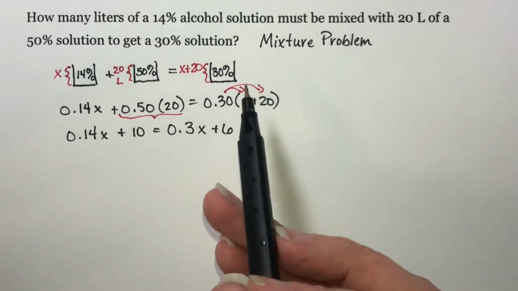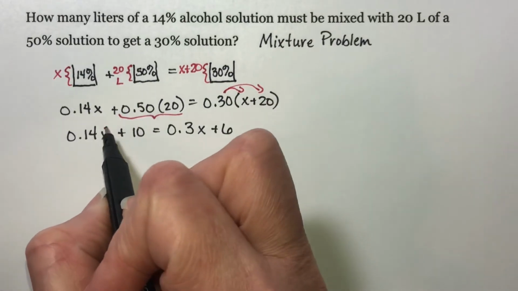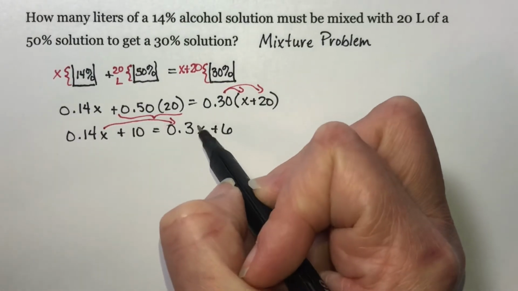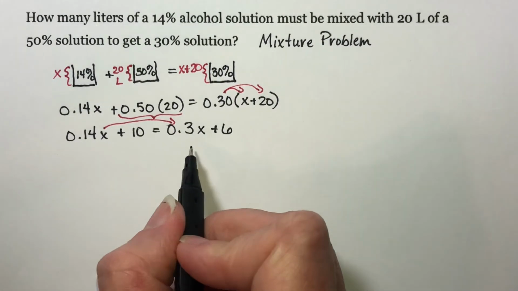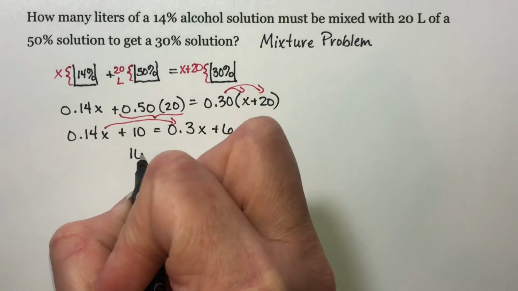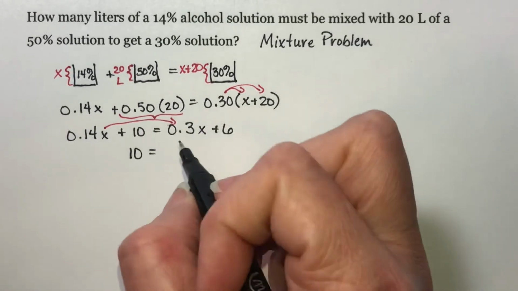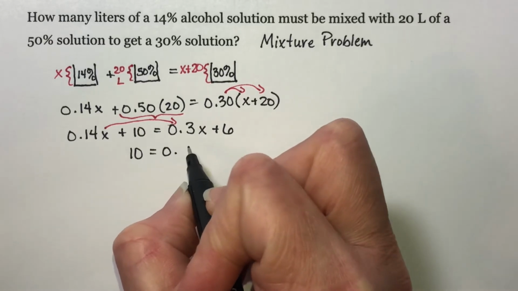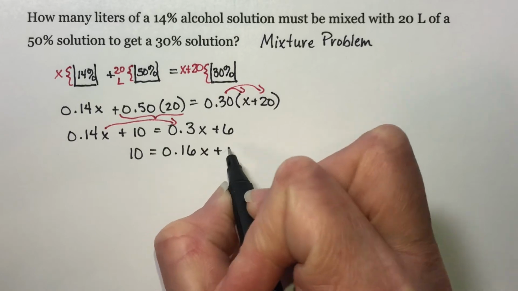So let's move this over to here. Now remember, this is basically 30, not 3, so make sure your decimal place is lined up if you're doing this by hand. And you get 10 is equal to 0.16x plus 6.